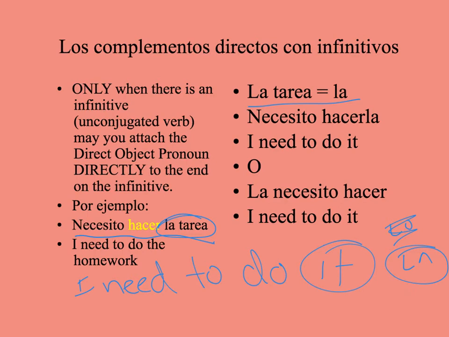Now, when I rewrite this, here's what I was doing before. I take my la and I put it in front of my conjugated verb. La necesito hacer. I need to do it. But because hacer is not conjugated, I get the second option of putting la directly on the end of it. Necesito hacerla. Either way, you just can't put the pronoun in the middle of your 2 verbs. Can't put it in the middle.